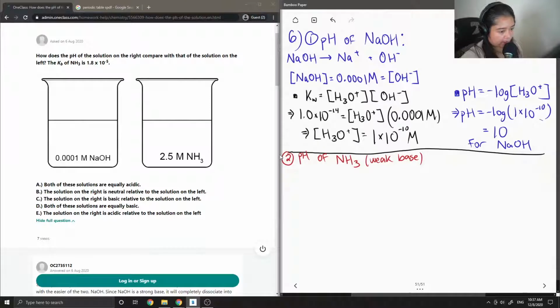So weak bases only partially dissociate into their ions. So I'm going to show its dissociation equation.